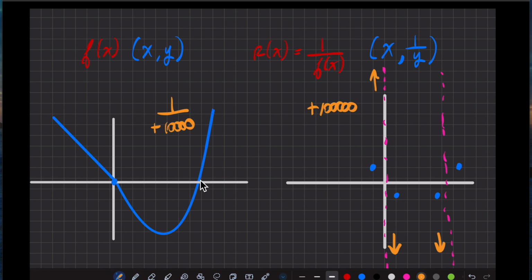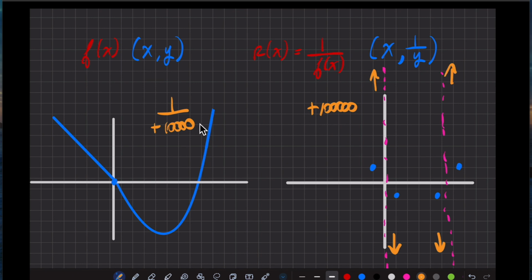We're going to flip that. We're going to get positive a million, and we're going to put that on this graph. So as we approach that point from the right on the original graph, we have this tiny, tiny positive fraction that turns into a big, big, big positive infinity, as so.